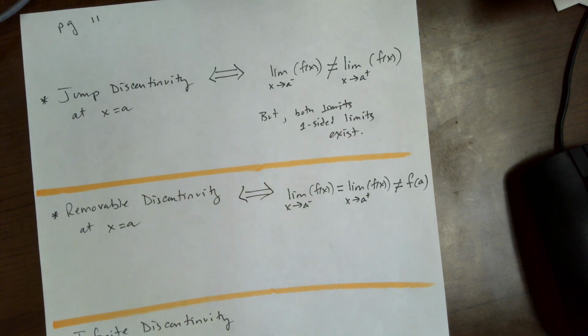So from both sides it looks like we're going to hit the wall at the same level, but the y value on the wall is not actually at that level. If there is a closed circle, it wouldn't be right where it looks like we're going to hit the wall.